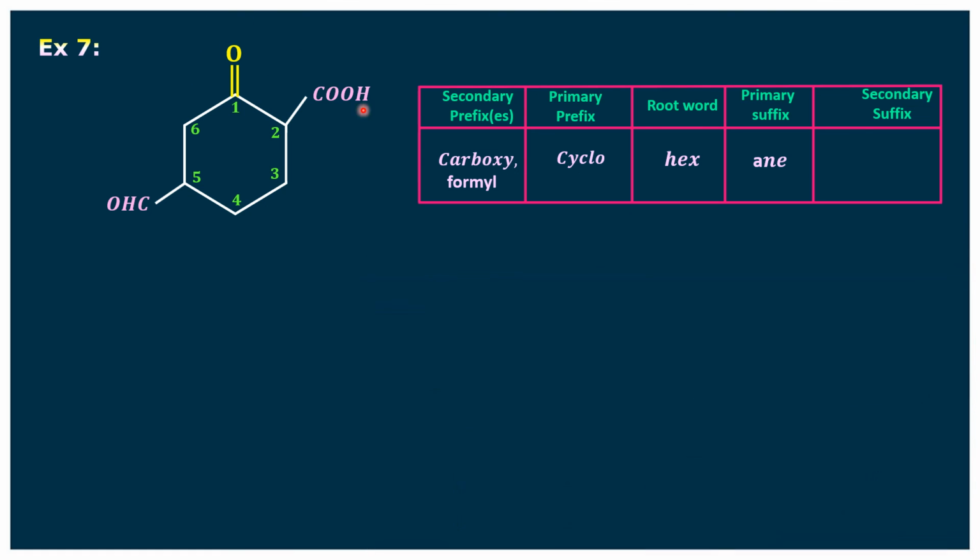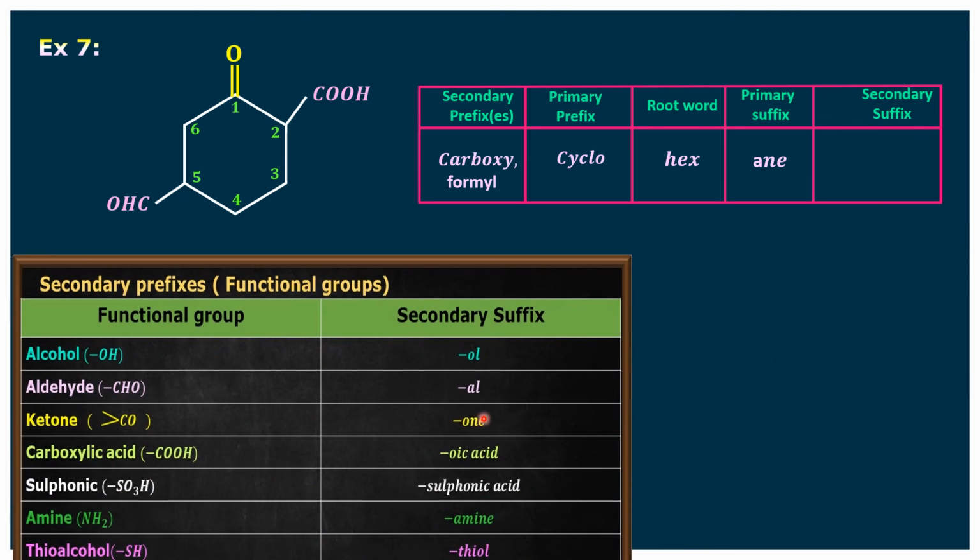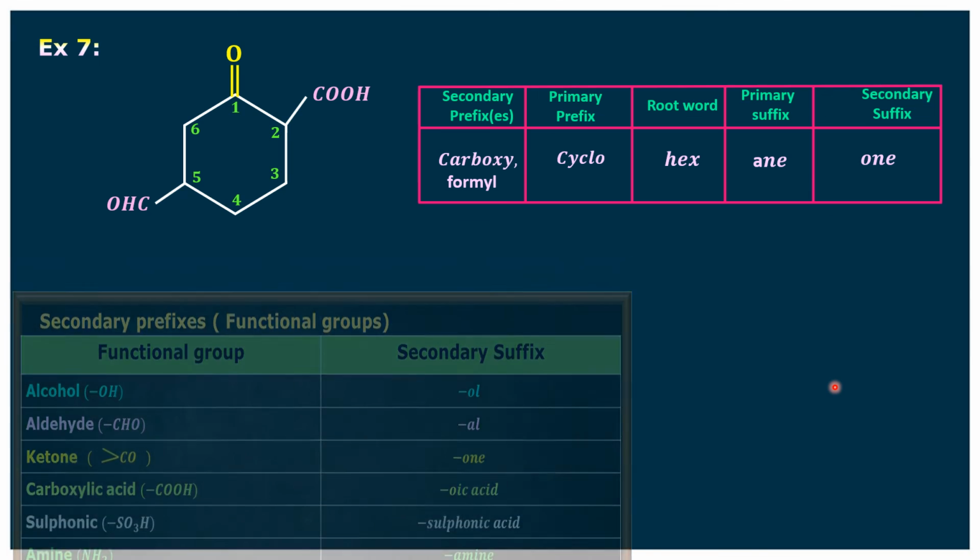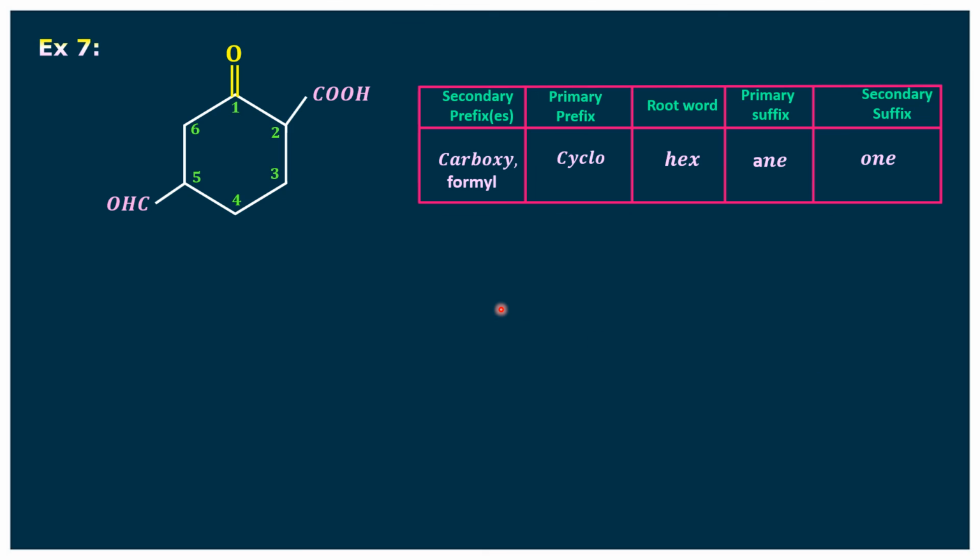Its secondary suffix is -one. The name of this organic compound: we have to write the substituents in alphabetical order. So carboxy comes first, so 2-carboxy-5-formyl cyclohexanone.